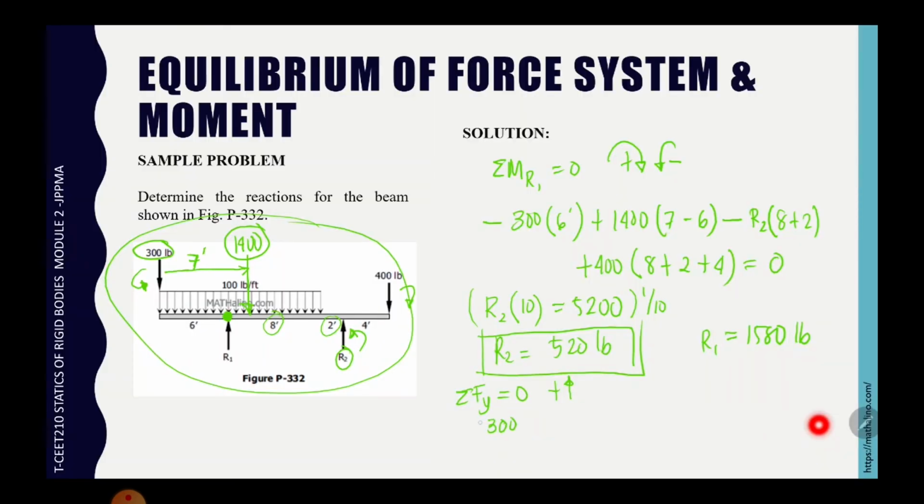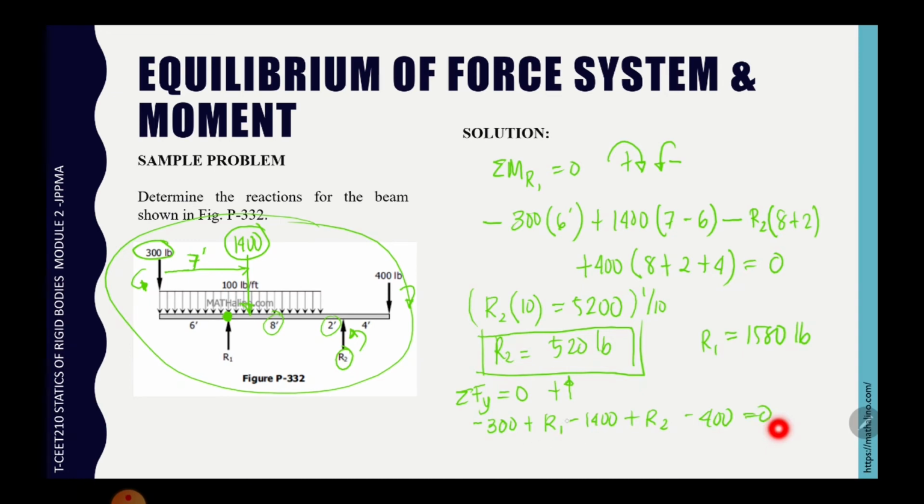Negative 300 plus R1 minus 1,400 plus R2 minus 400 equal to 0.